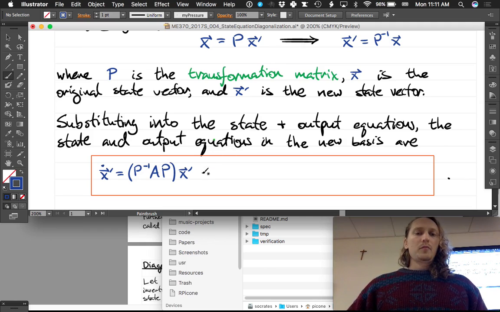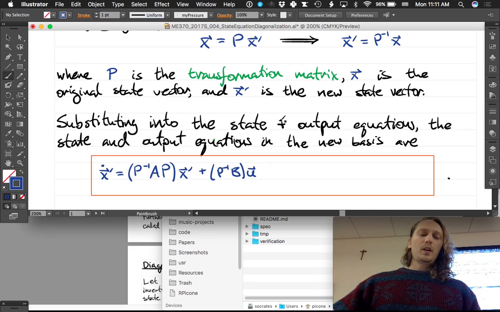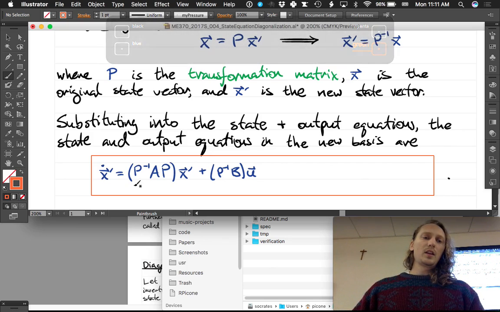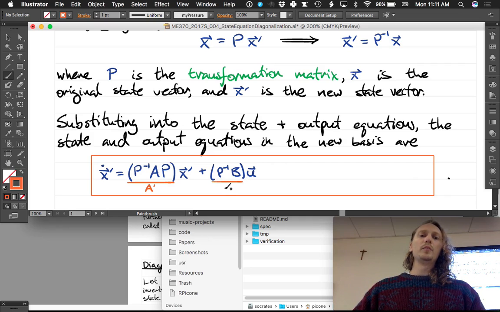Okay, plus P inverse times the original B matrix times u. And so we see that this is our new A matrix, so we'll call it A prime. And this is our new B matrix, so we'll call it B prime.